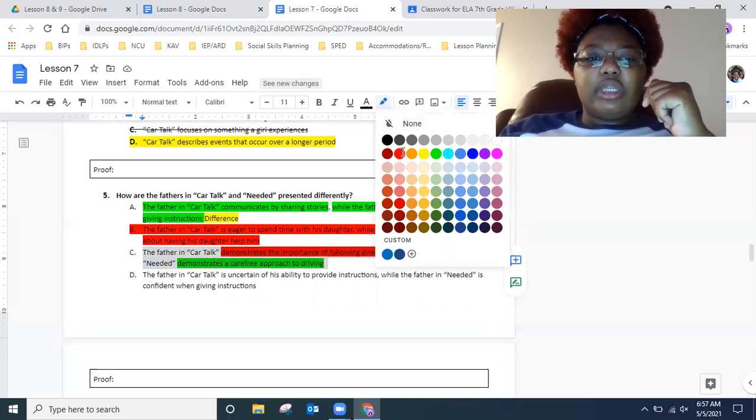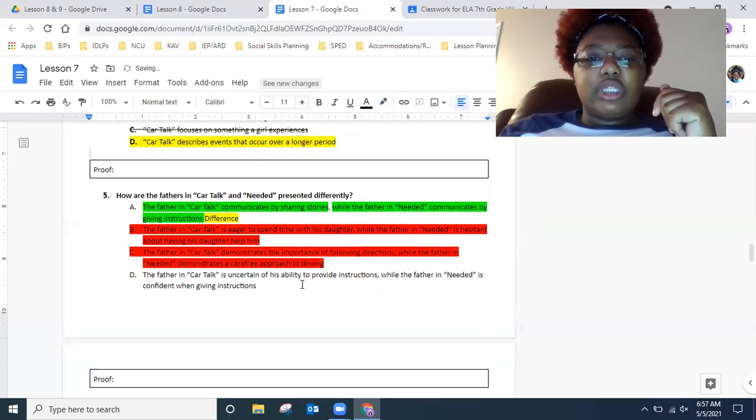And then D says, the father in Car Talk is uncertain of his ability to provide instructions, while the father in Needed is confident when giving instructions. Okay, I don't think there's any real uncertainty or confidence being expressed.